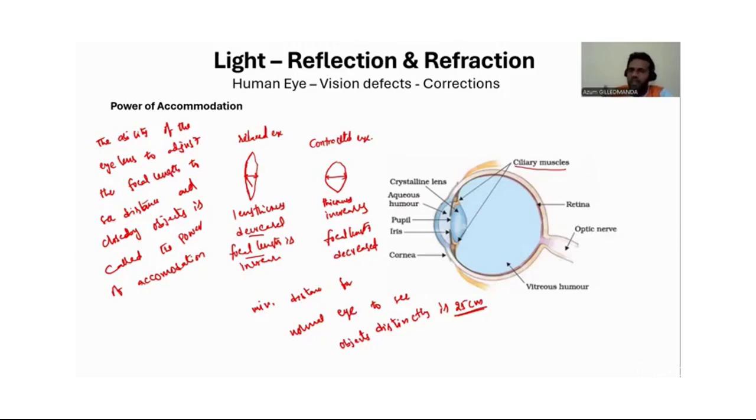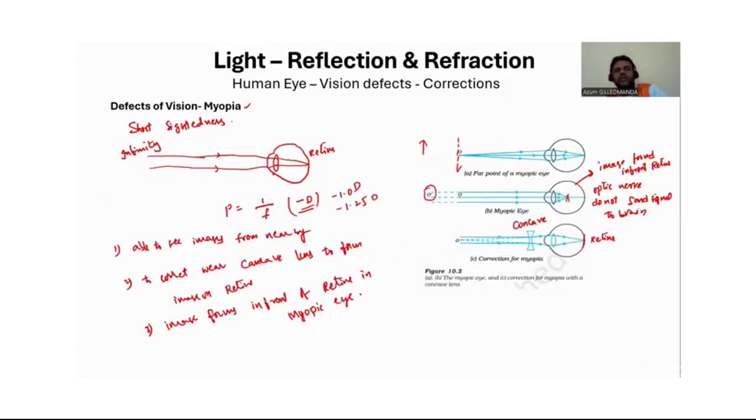I'll see something is in front of me, but if I have something written on my hand and I take it to 10 centimeters, if you try to read, you will not be able to, because the minimum distance required for our eye is 25 centimeters, because the focal length cannot be adjusted beyond a certain point, right? So the minimum distance we need to see objects distinctly is 25 centimeters.